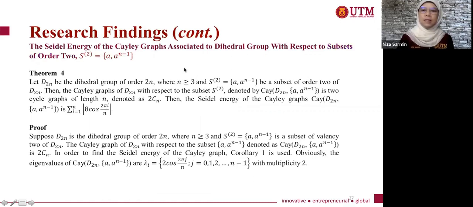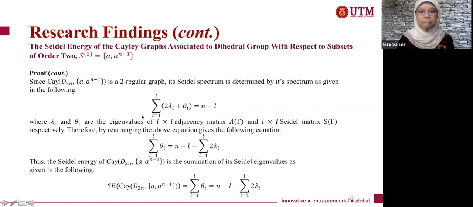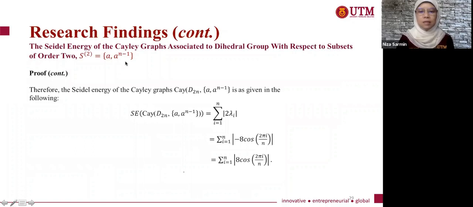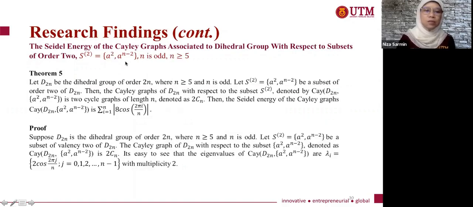For the subset of order 2, the Seidel energy turns out to be the summation of 8 cosine 2 pi i over n. For the subset of order 2, again with this form, this is how we prove it, and this is how we get the Seidel energy.